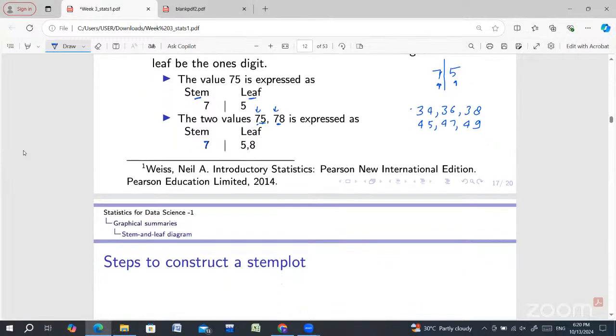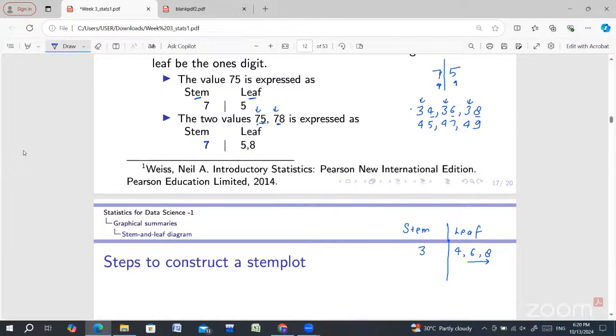I'm writing it here. Suppose this is your stem and this is the leaf. For 34, 36, and 38, the stem is 3, and for the leaf part, 4, 6, and 8. And we always write the numbers in increasing order here.